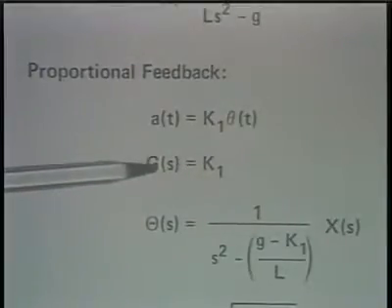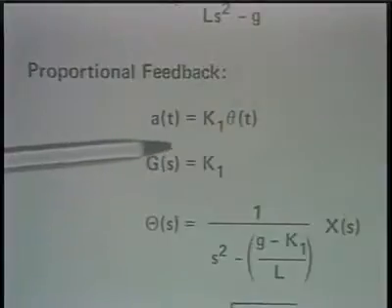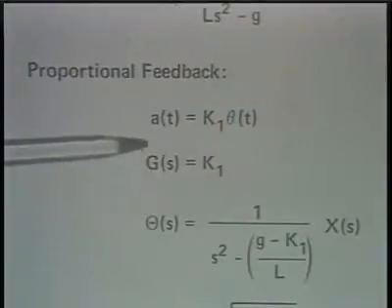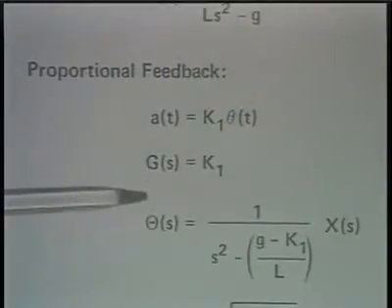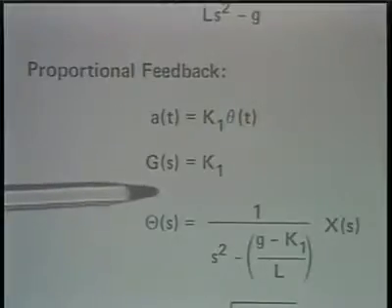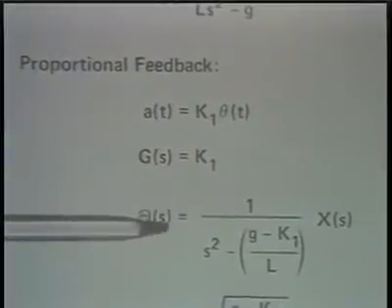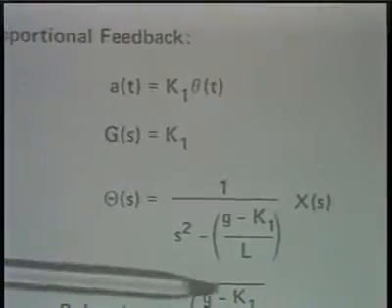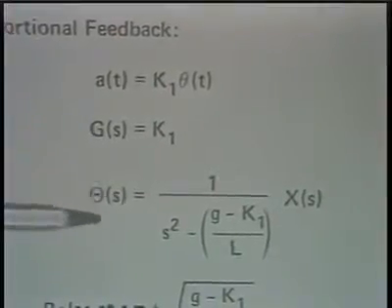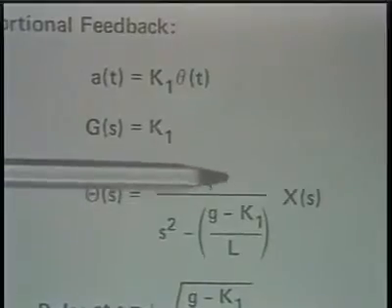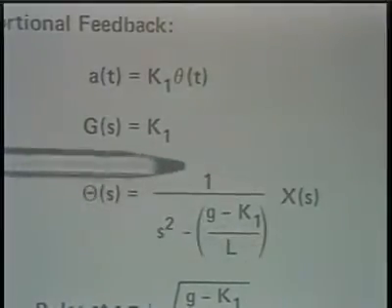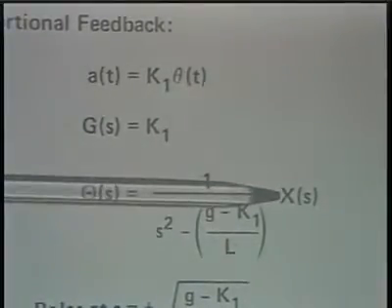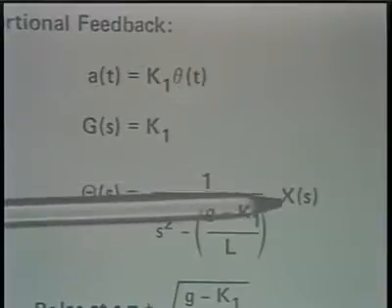Well, substituting this into the closed loop expression, the overall expression for the Laplace transform of the output angle is, as I indicate here, namely that theta of s is proportional through this system function to the Laplace transform of the input x of t.